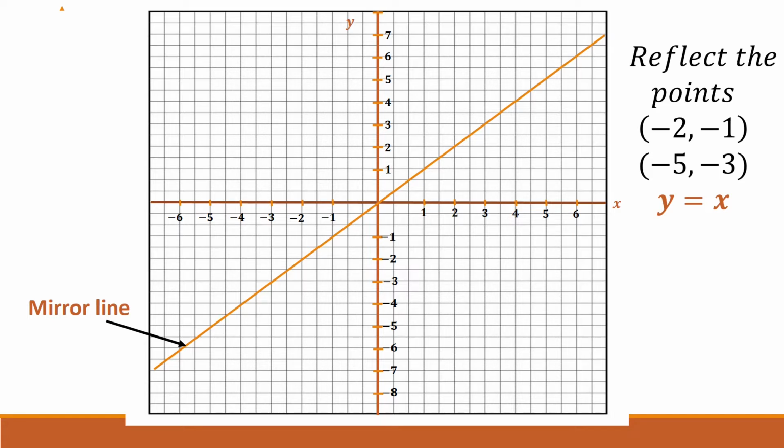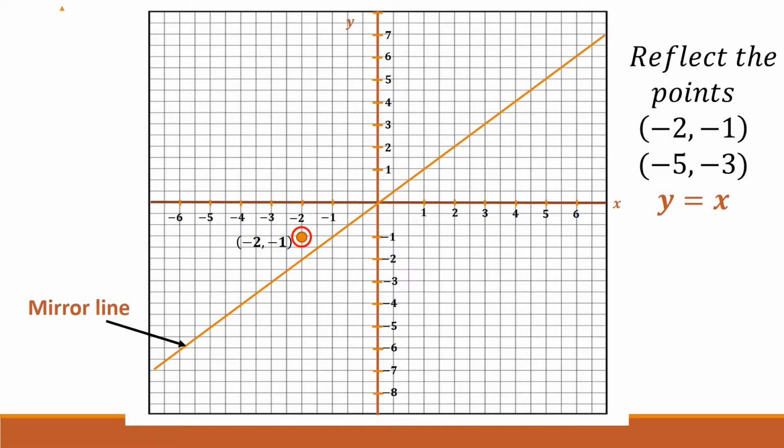How do we perform such a reflection when we know the mirror line is y equals x? We pick the first point, (-2, -1), and plot it on the graph. Then, since we are reflecting in the line y equals x, we move this point towards the mirror line.